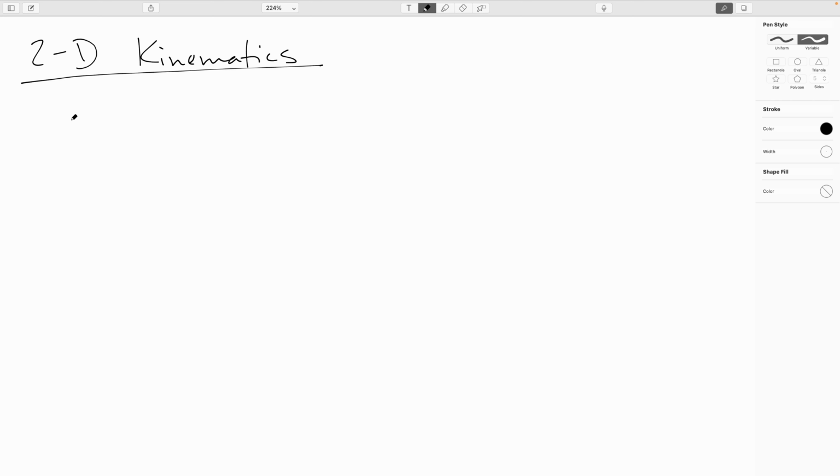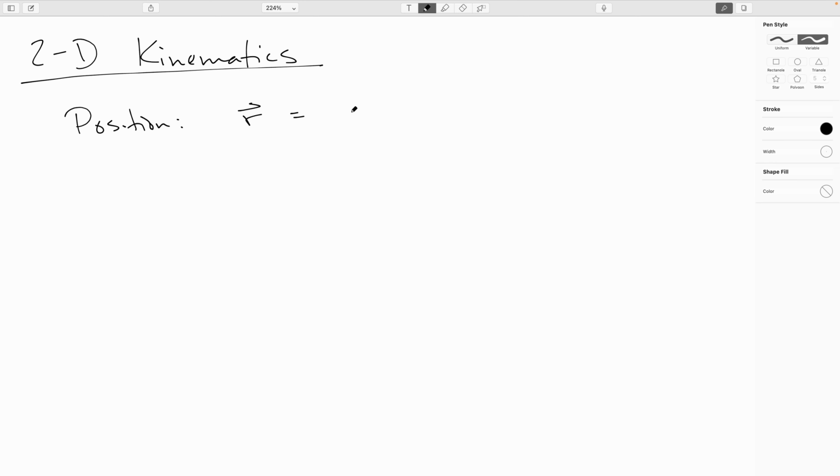And so you can usually put it into 2D unless you're working in a non-inertial frame, which is beyond the scope of what we're doing here. So anyway, we'll start by defining position. The name of the position vector is r.